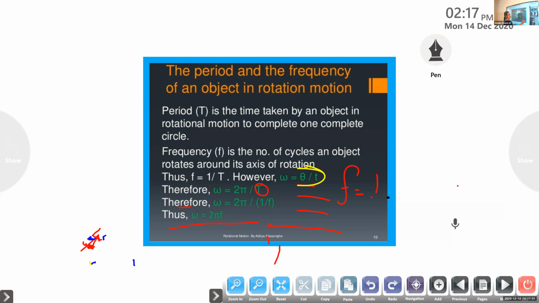Because frequency is the reciprocal of time period, or time period is the reciprocal of frequency. So 2 pi by T, time period. Then instead of T, we substitute 1 by f. Then cross multiply, you get 2 pi f. You have written it in the laws of motion chapter.